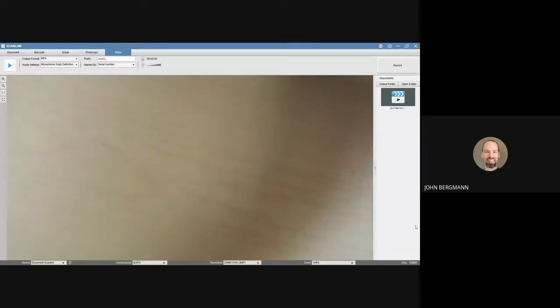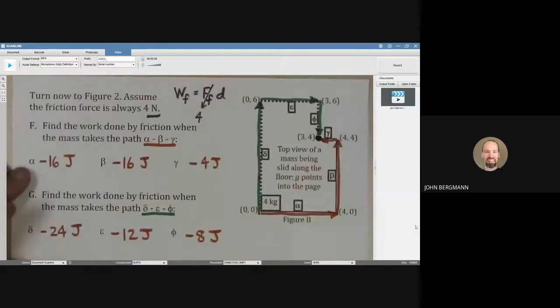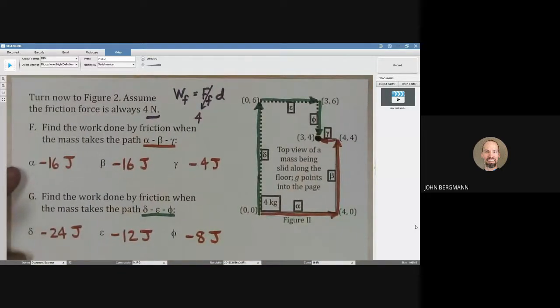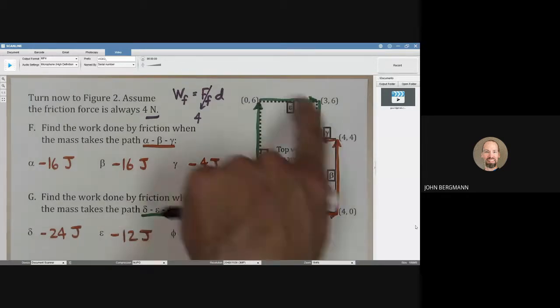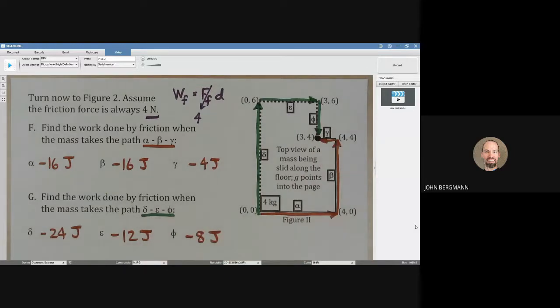What about with friction? Here we're taking the same essential diagram, except now we have a top view of a mass being slid along the floor. I've left all the other dimensions the same, but now we have a bird's eye view looking down, and we're going to slide this mass along the red path, and then we're going to slide it on the green path, and we're going to figure out the work done by friction.